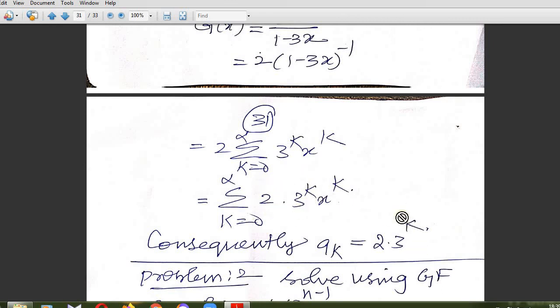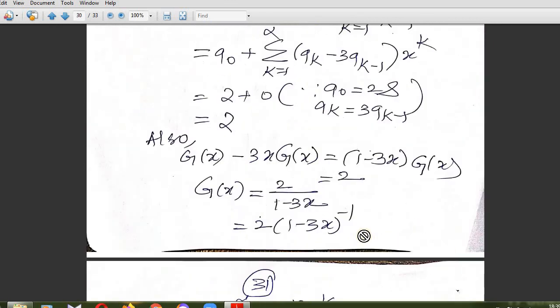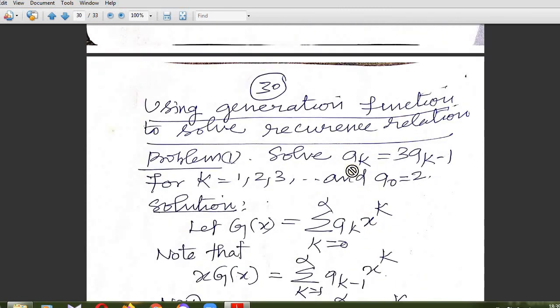This is a_k. So this is the solution for this particular relation given to us.